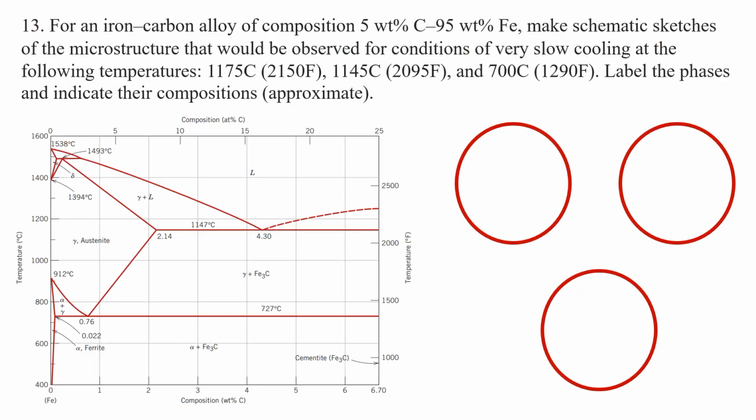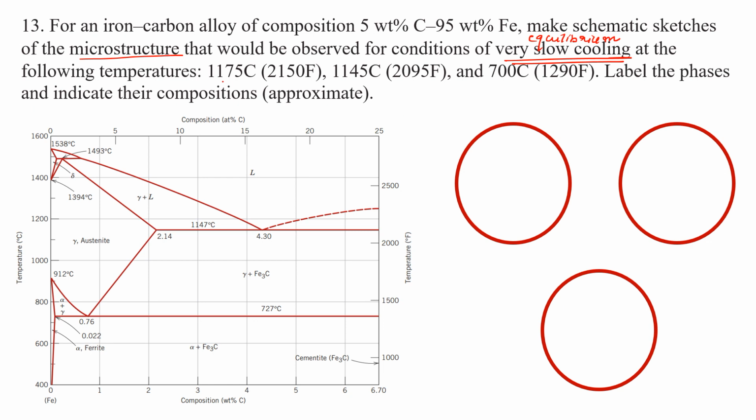We have been asked to draw the schematic of the microstructure that would be observed in the condition of very slow cooling. And when you say very slow cooling, this is equilibrium, and that is how our iron-carbon or any phase diagram that we study, these are all equilibrium phase diagrams. This is what you have to remember. So you can apply this phase diagram. Otherwise, if it was non-equilibrium cooling, this phase diagram would not have been valid.